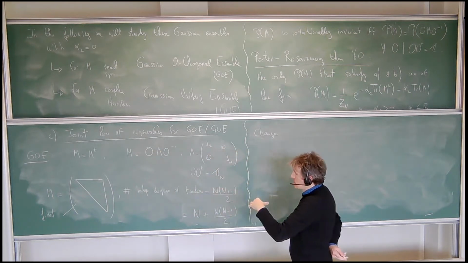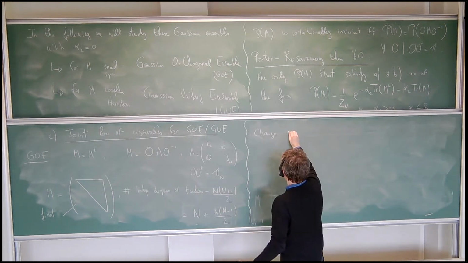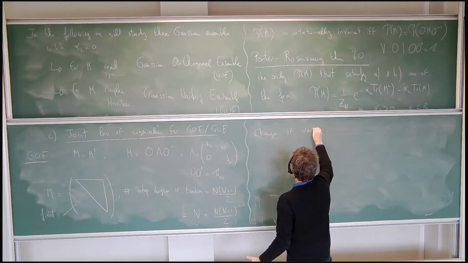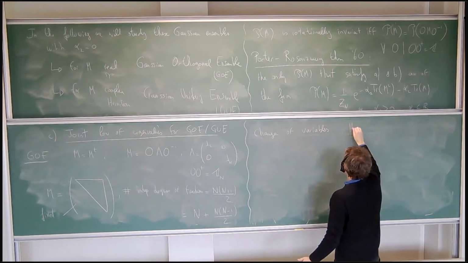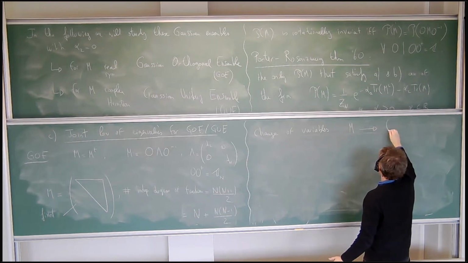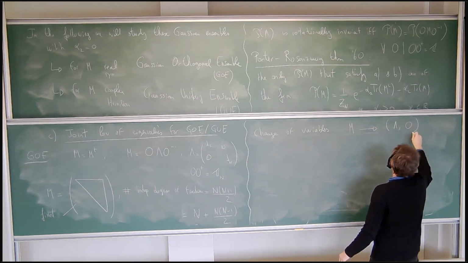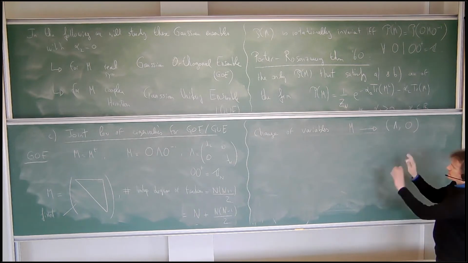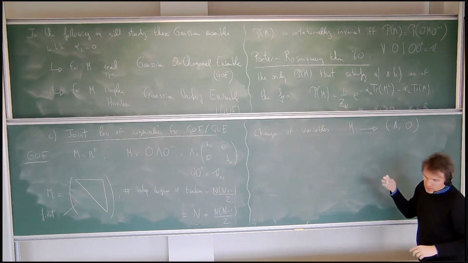So what I want to see is that there is a kind of natural change of variable, if you want, which goes from M to these couples lambda and O. And that's essentially the same thing, up to some permutations.